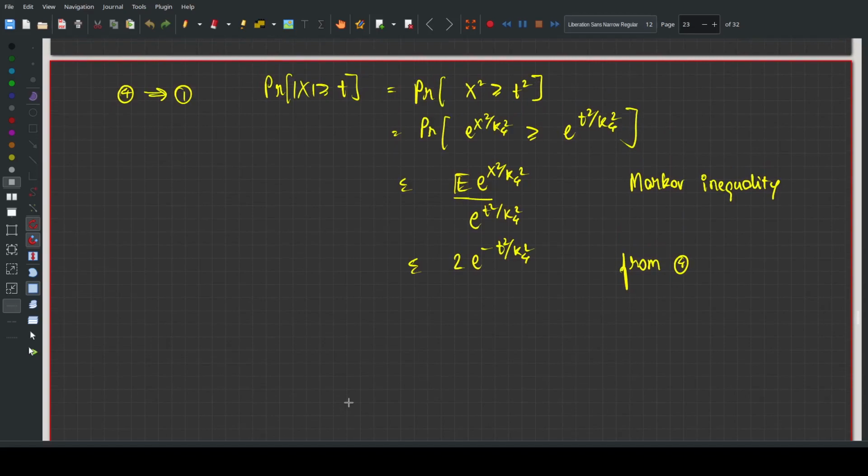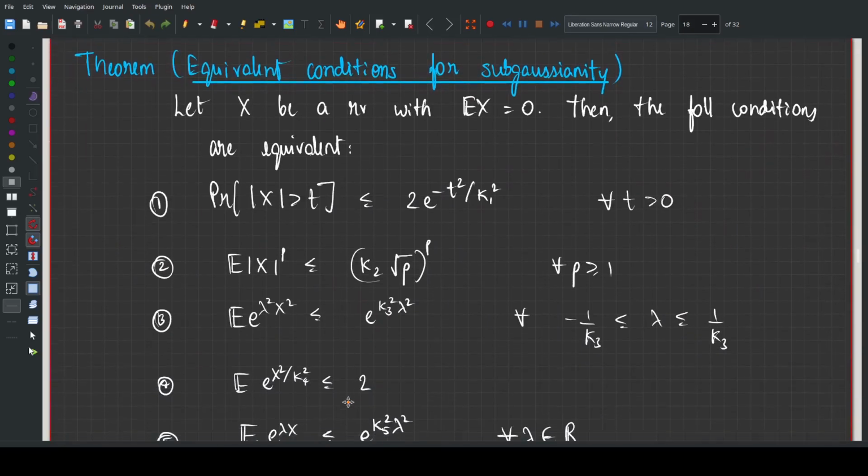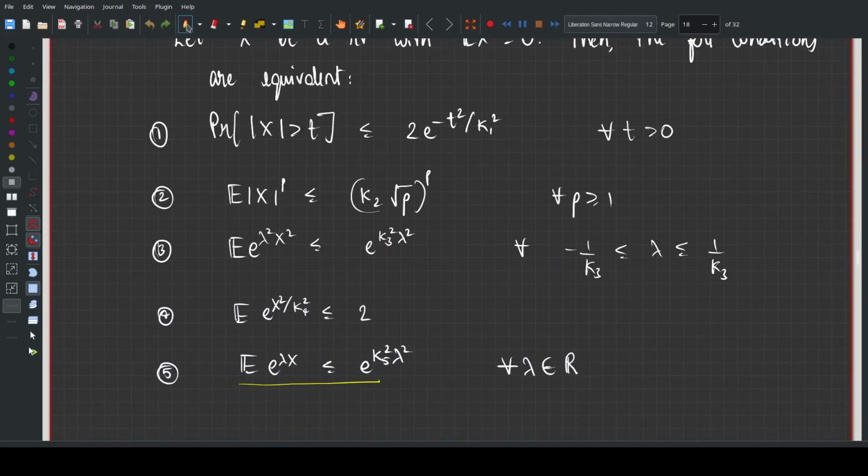I didn't really prove that 4 implies 1, but you can very easily prove that, and we'll also see that 5 implies 1.